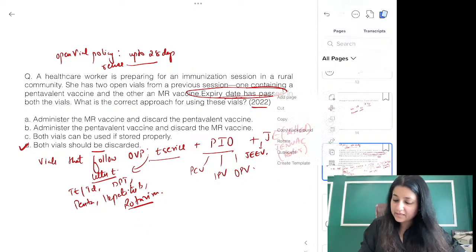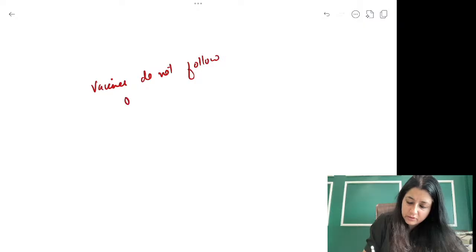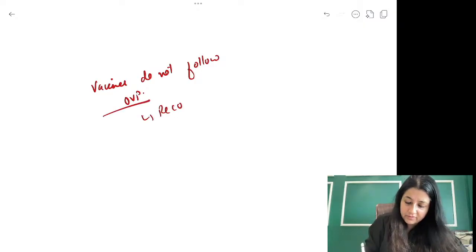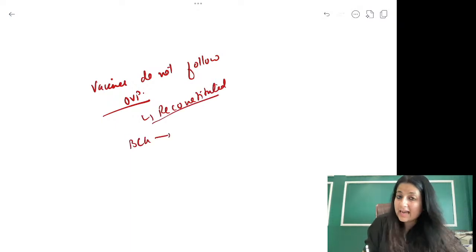So let me just make a slide for you and ask vaccines that do not follow open vial policy. What are the vaccines that do not follow? The reconstituted ones, like BCG. BCG में कौन सा diluent होता है?